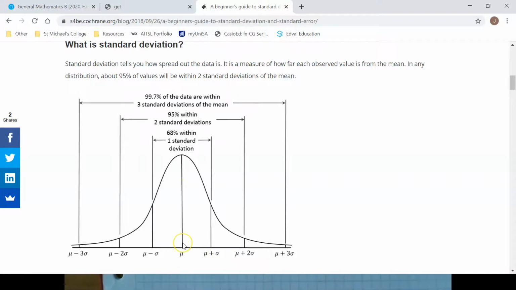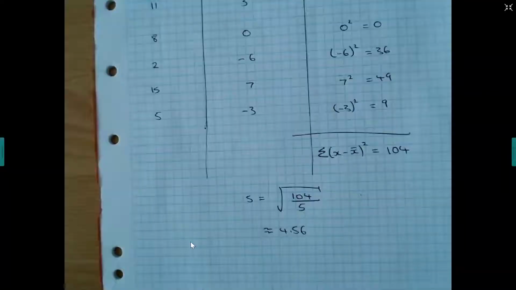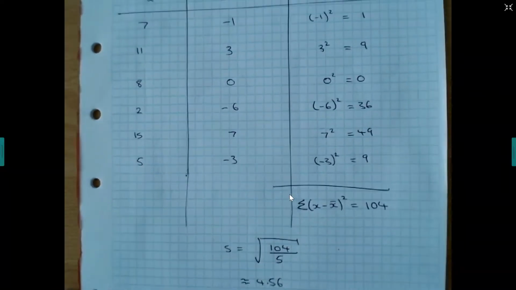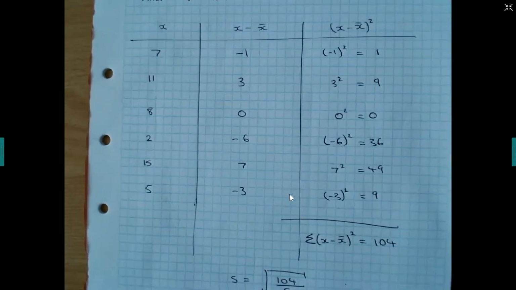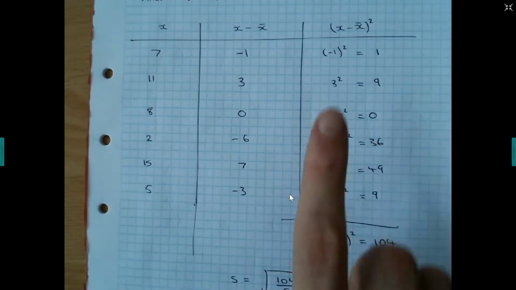So we would know that 68% of our data would lie within that range there, the mean plus our standard deviation and the mean minus our standard deviation.